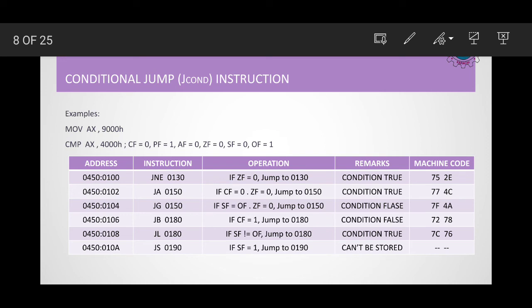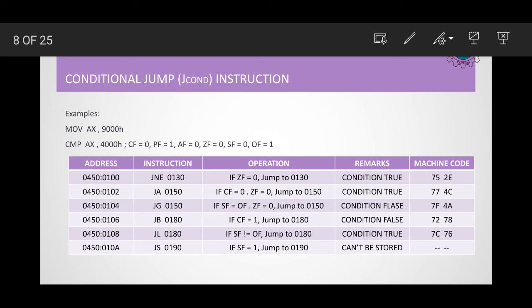If you see both numbers are unsigned, 9000 and 4000 as unsigned numbers, JB is checking 9000 less than 4000 and considering both numbers as unsigned numbers, so that is false. 9000 is greater than 4000 if you see both numbers as unsigned numbers.